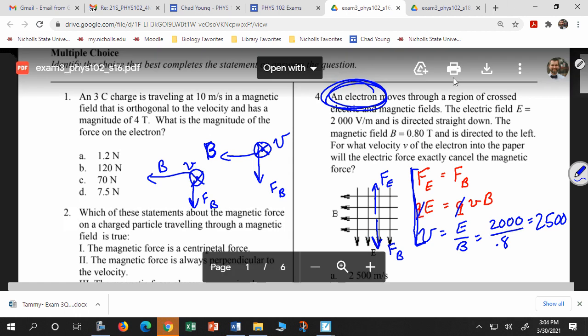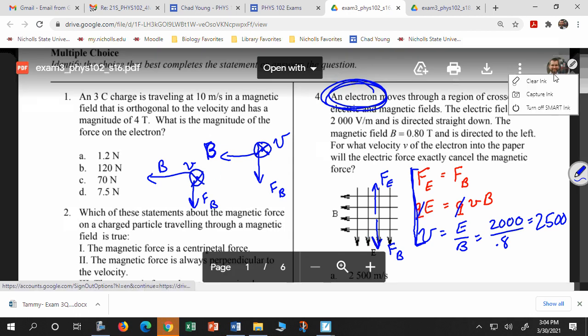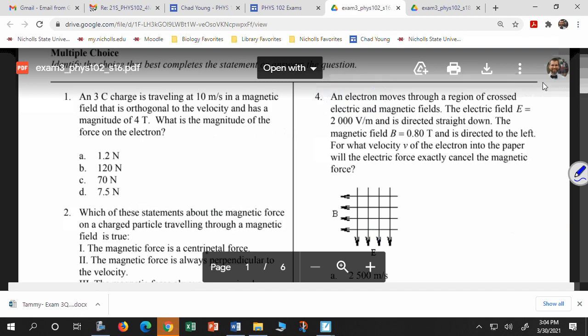Okay. Let me just repeat. I know that was unclear. My magnetic field is in this direction, and my force was in this direction. The force was down.